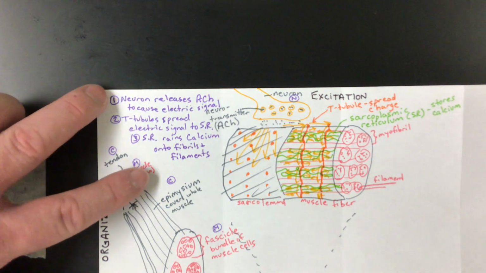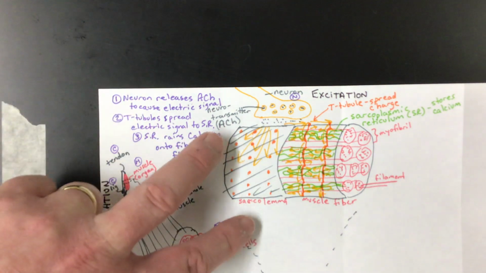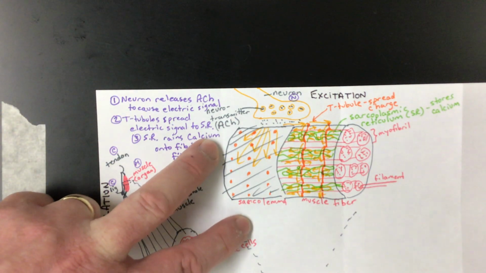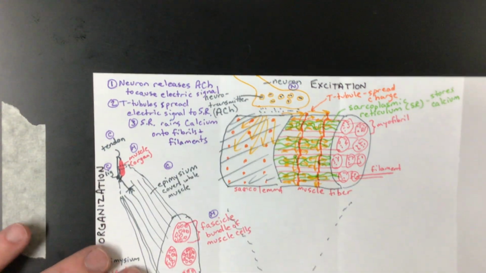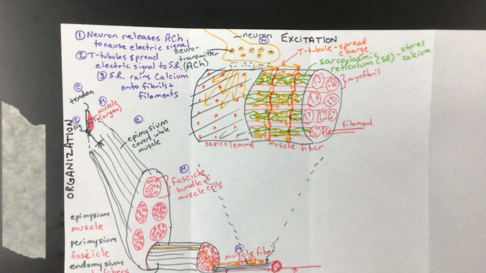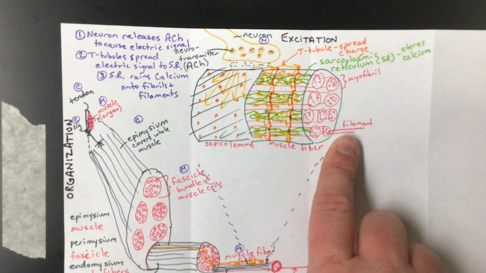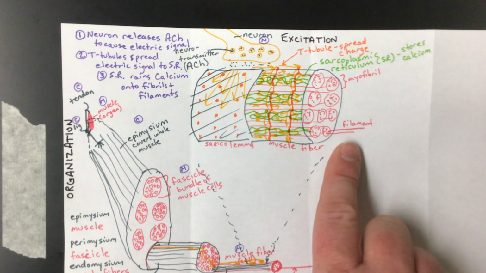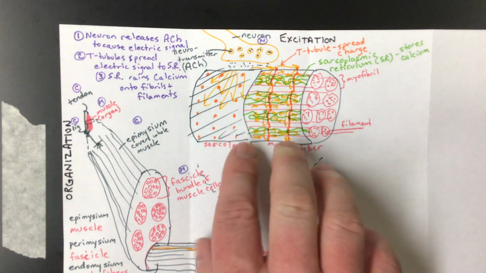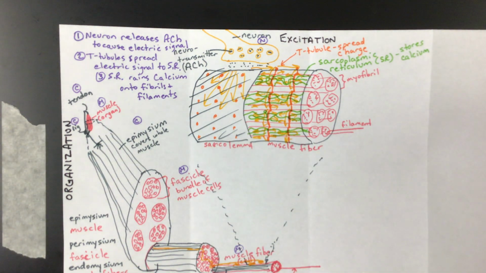So this is the story of excitation, and this is our picture showing how that happens and the microscopic anatomy or subcellular anatomy that helps with that process. And then last of all, I want to zoom into some filaments and see what goes on with those filaments after that calcium rains down.